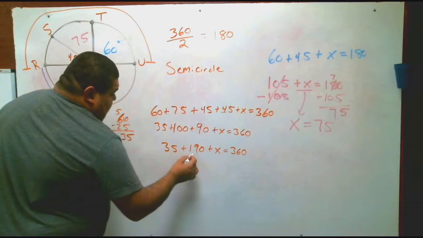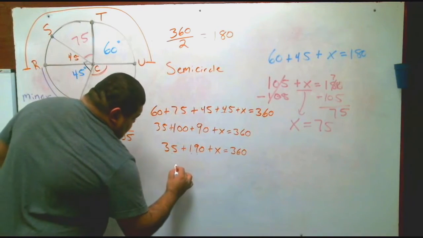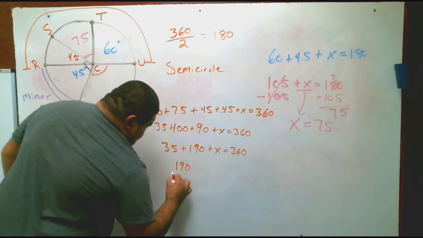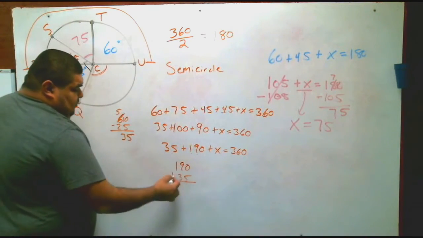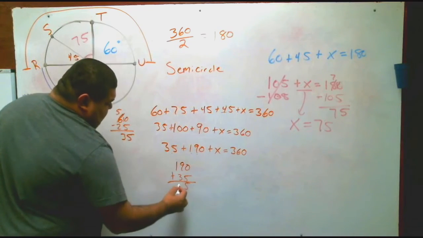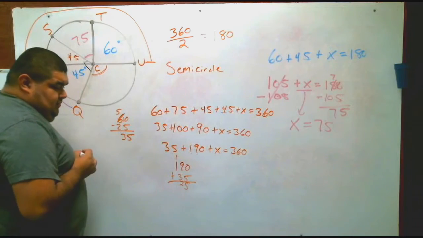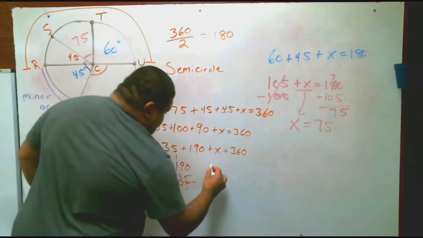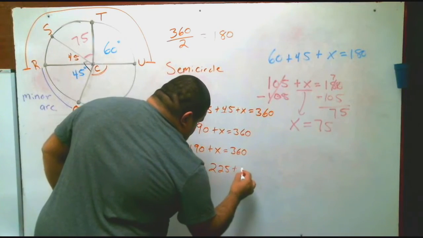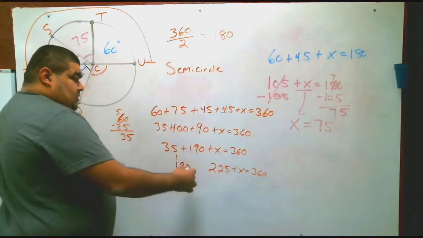So we have 35 plus 190, this is the old-fashioned way. 0 plus 5 is 5, 9 plus 3, so we have 2 and then 1 over, which is 225. So we have 225 plus X equals 360. And then finally, we subtract, right?